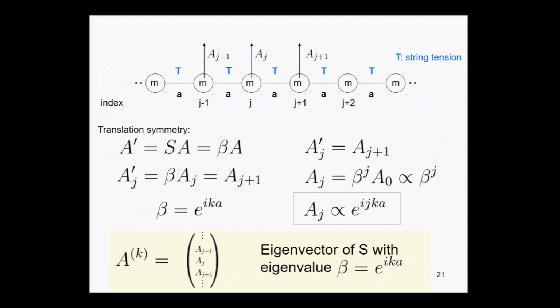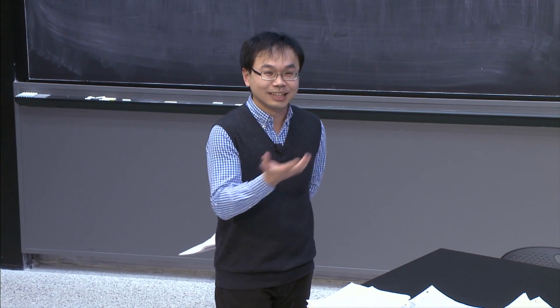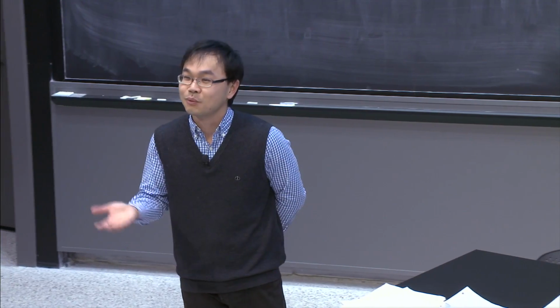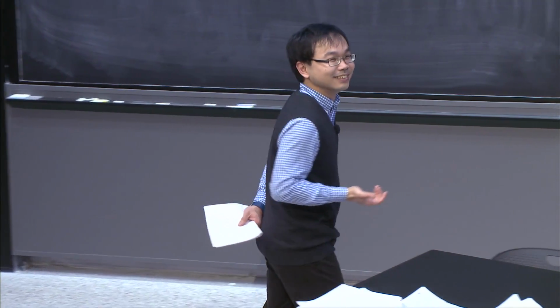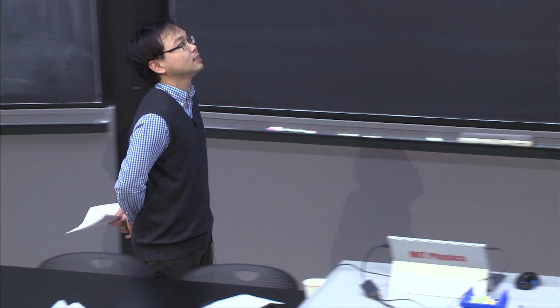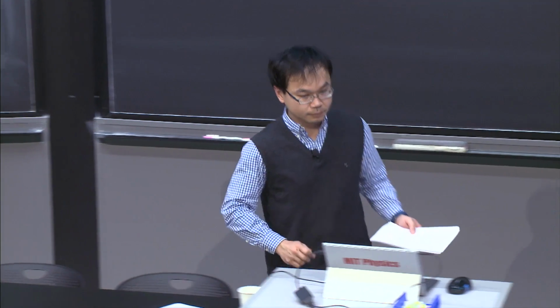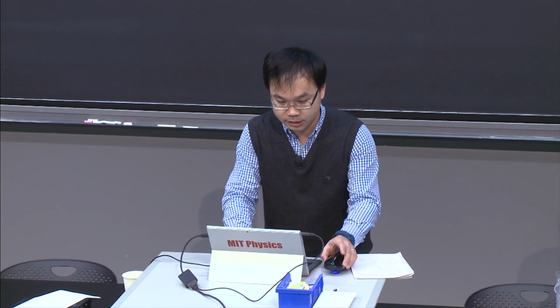And k is some arbitrary constant. But by now you should have the idea that that is the wave number, right? That is really cool, and that's all planned in advance. So we can write down A_j proportional to exponential i j k a after solving the eigenvalue problem for the S matrix.